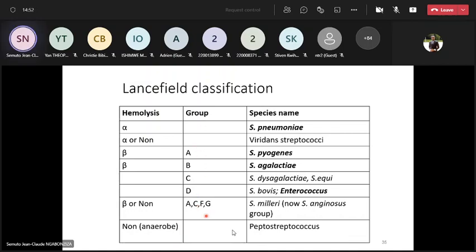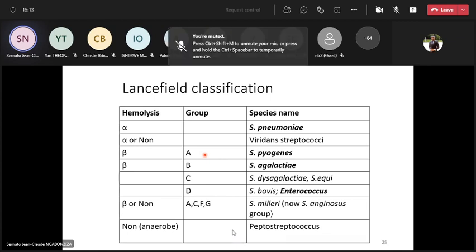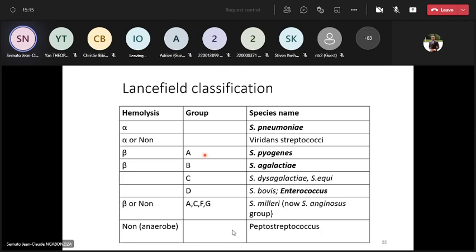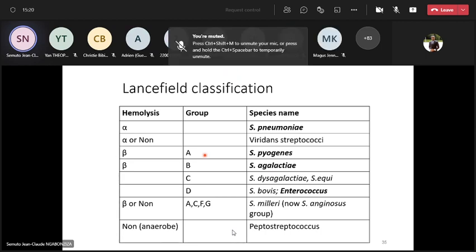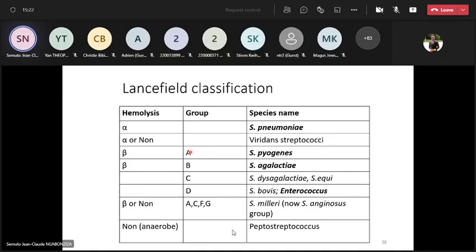This is more related to antigen. It is more related to the carbohydrate in the cell wall of the bacteria. So meaning that group A have a type of carbohydrate and M protein that allows production of antibody that only agglutinates this group, cannot agglutinate this.